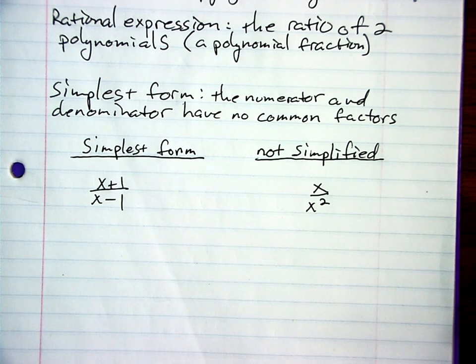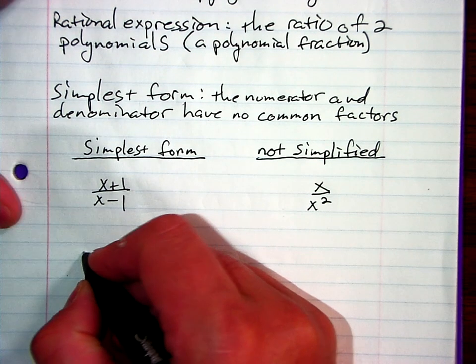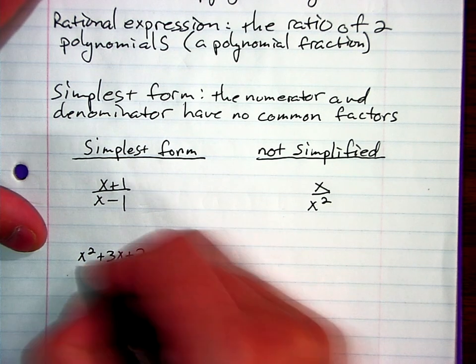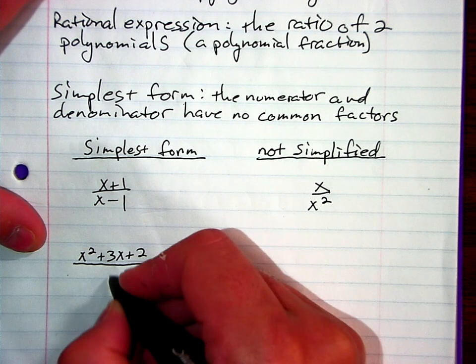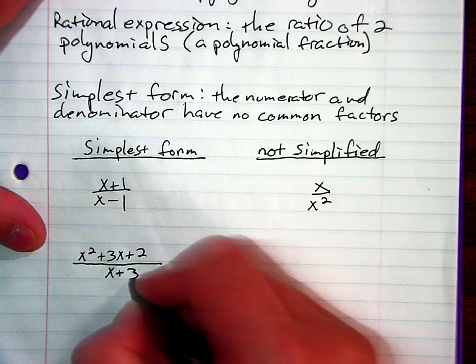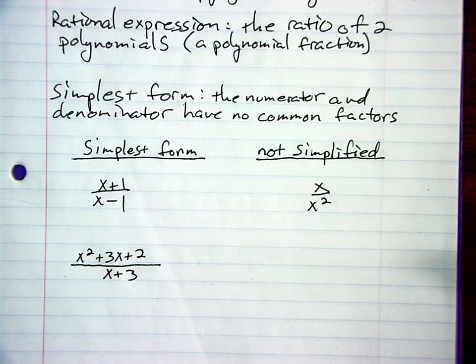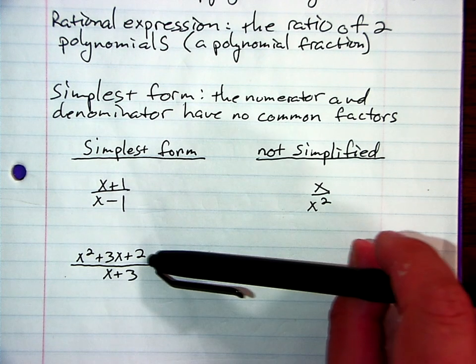Let me give you one more example of what simplified looks like compared to not simplified. x squared plus 3x plus 2, and I really hope you know how to factor by now. Simplified or not? So we need factors of 2 that equal 3.